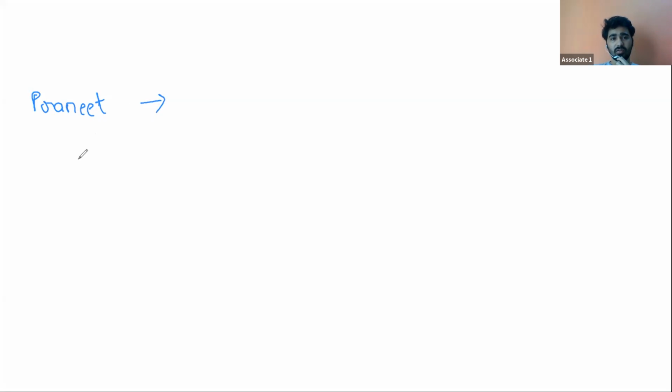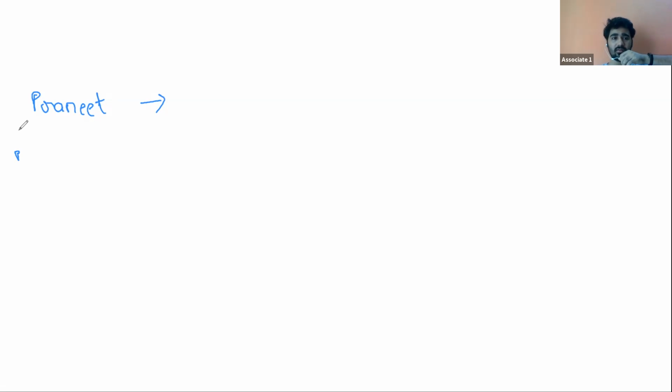Do you get the question? We have P, R, A, N, I, T, so six different letters. Out of six different letters over here on seven spaces, Pranit is one combination, but there can be n number of such combinations. So what is the total number of different words which we can create using these letters?